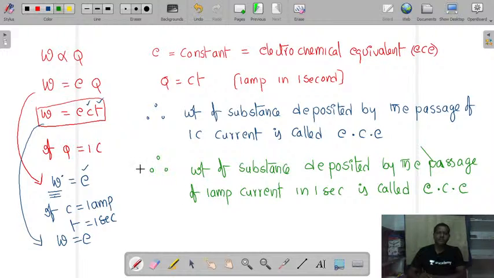Okay, now. So what is electrochemical equivalent?